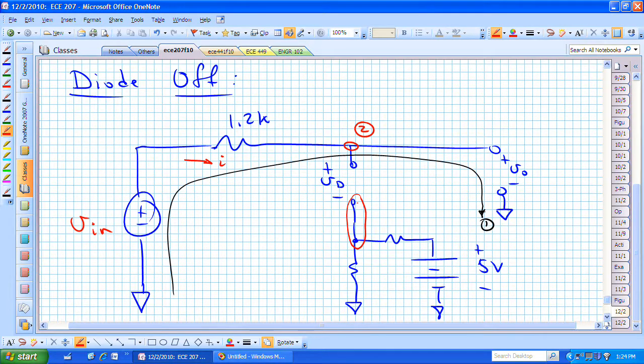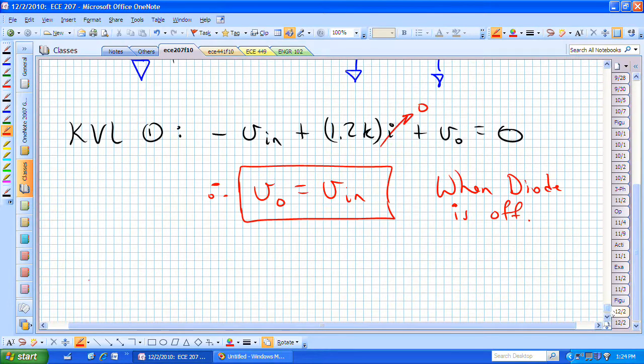That's the lower node. So now the diode is off when V sub D is less than 0 for an ideal diode.